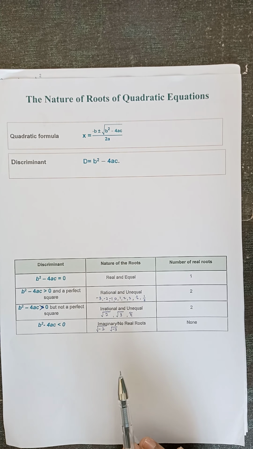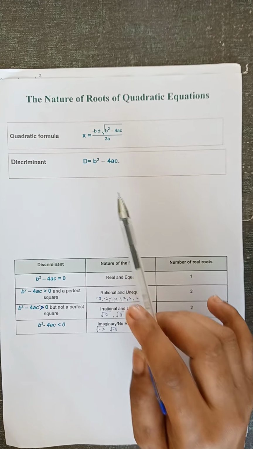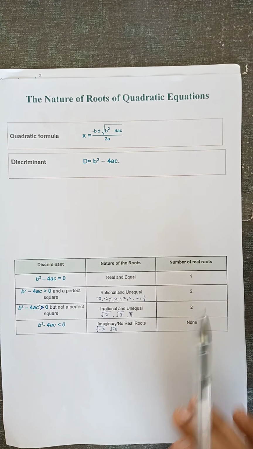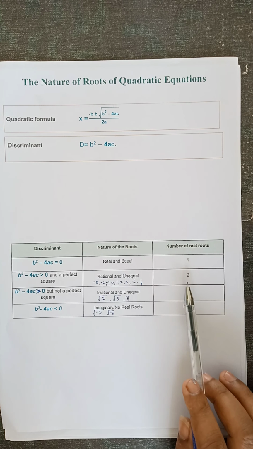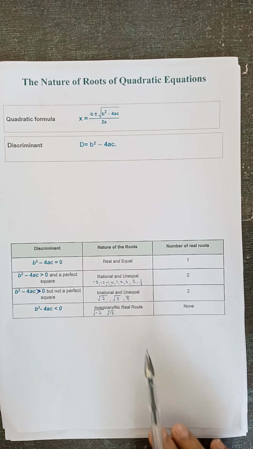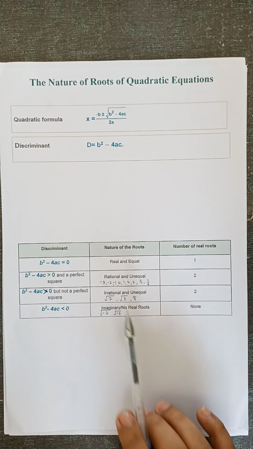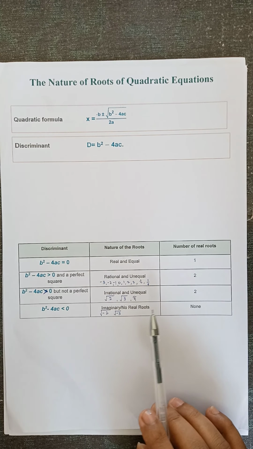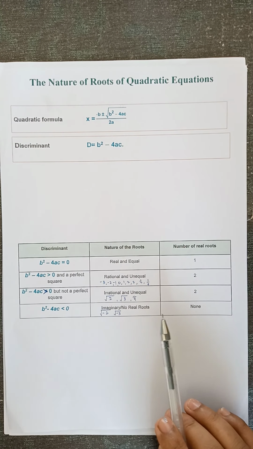So we can also determine the number of real roots of a quadratic equation with this number. So ma-determine nato ang nature sa roots, and mahibalan po nato aside from nature sa root ang iyang number of real roots. So let us look at the table on how to determine the nature of the roots as well as the number of the real roots of a quadratic equation.